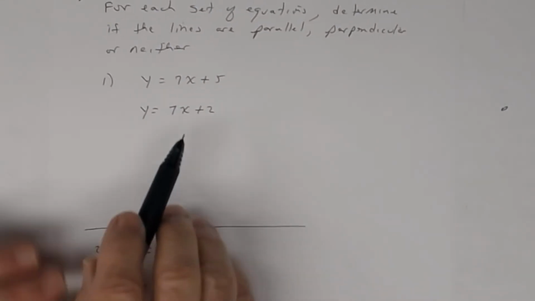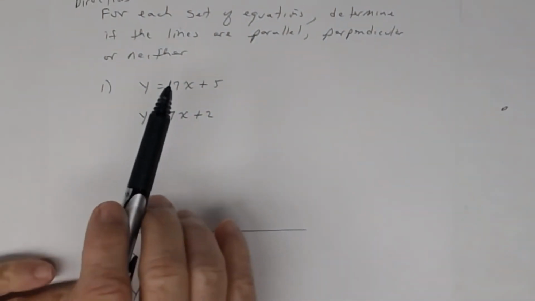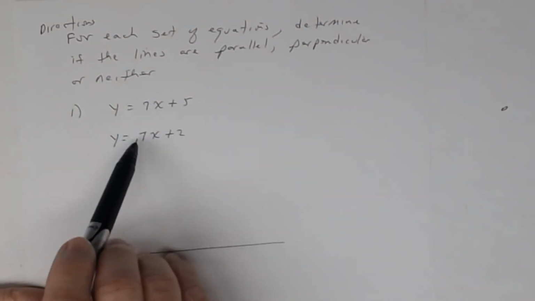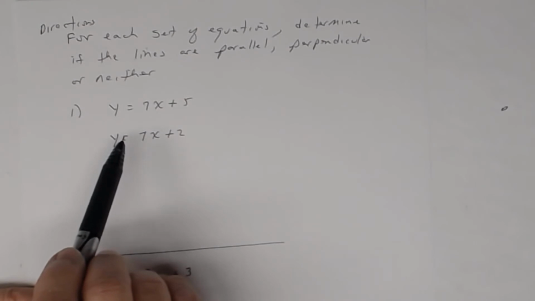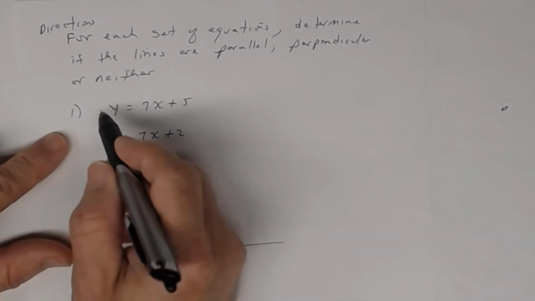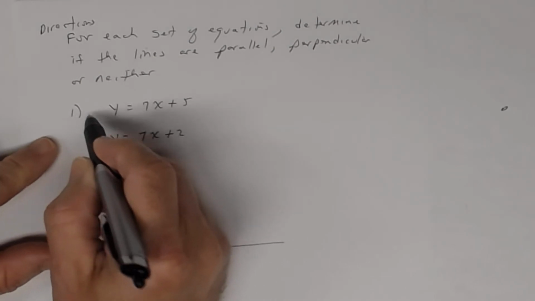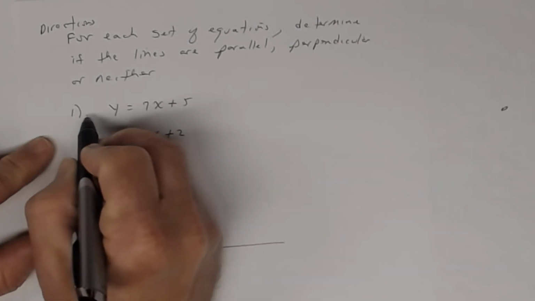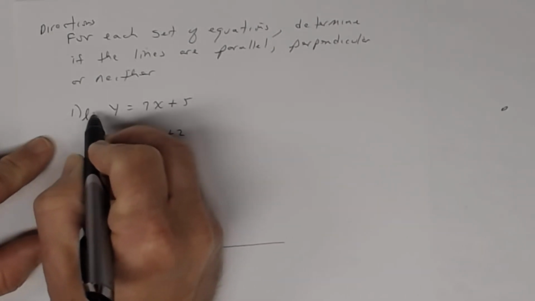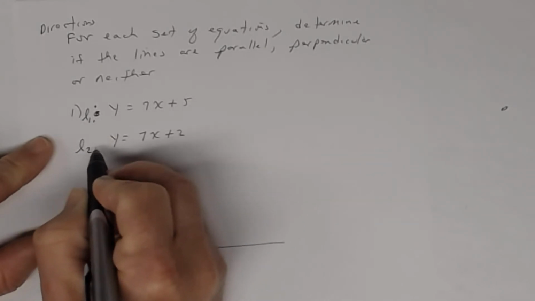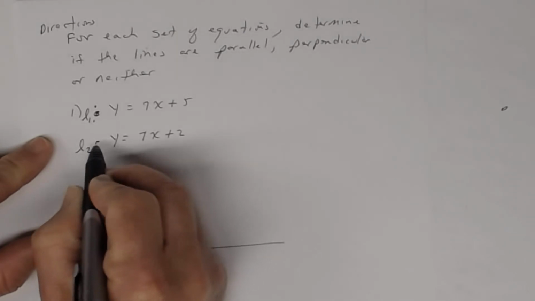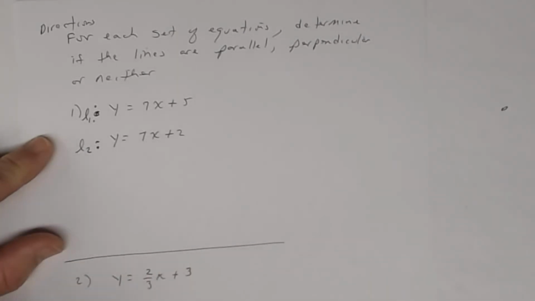All right, so first thing we've got to do: if I want to determine if these two lines are parallel, perpendicular, or neither, all I need to know is the slope. That's all I need to know. Sometimes you'll see line 1 equals, line 1 is this one, and line 2 is this one.